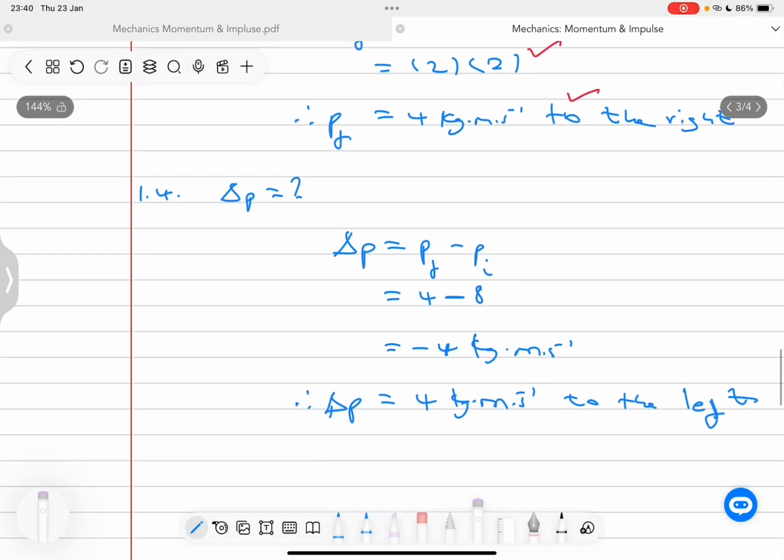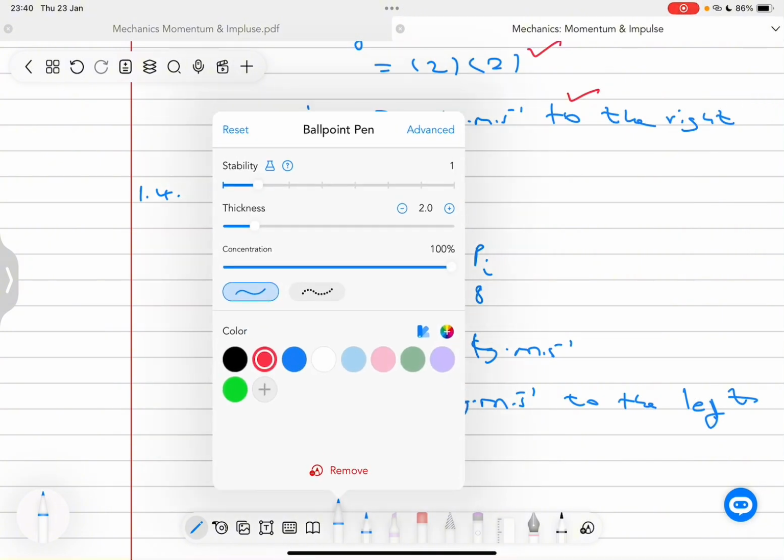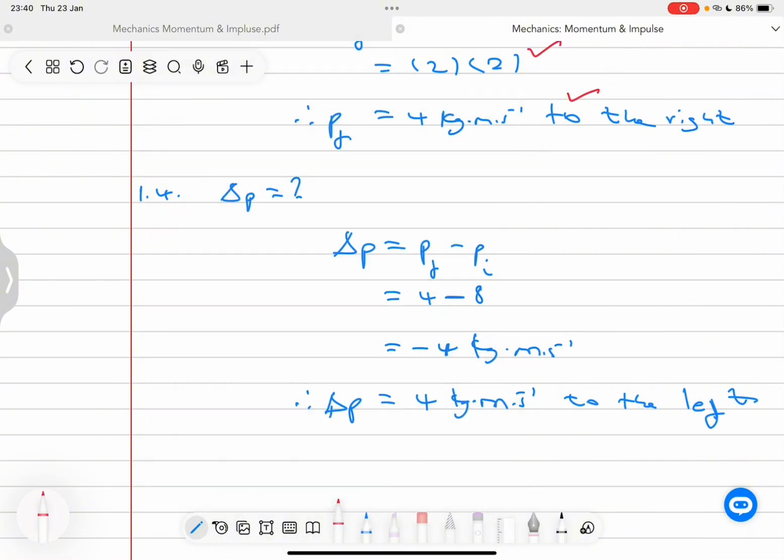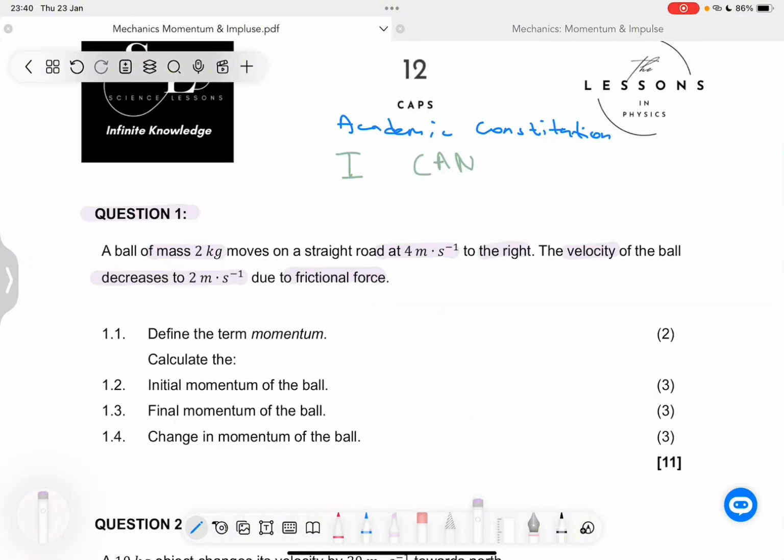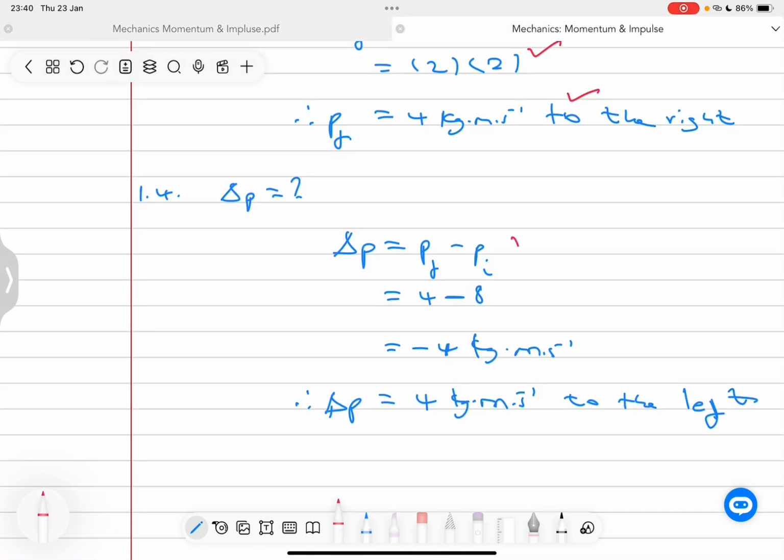So my answer looks correct. It makes sense. Now, this question will also be marked for 3 marks. They'll mark the formula, they'll mark the substitution, and the final answer.